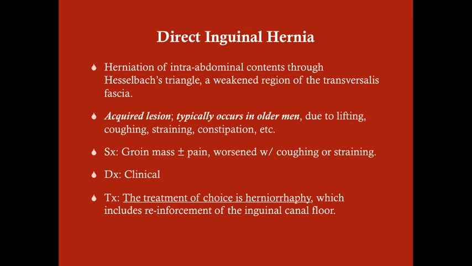Think of a 55-year-old guy who's been working in the mines, does a lot of lifting, moving things from truck to truck, a very physically taxing job. He's the one who would be at risk. He's getting older, and as you get older, your tissue starts to break down a little bit and gets weaker, so you're at higher risk for this direct inguinal hernia.